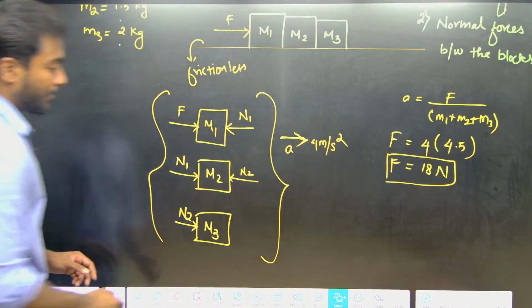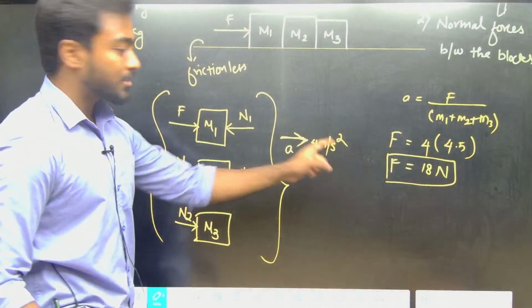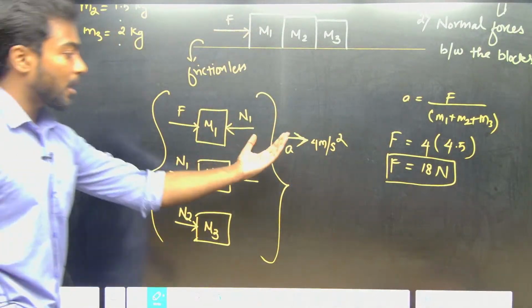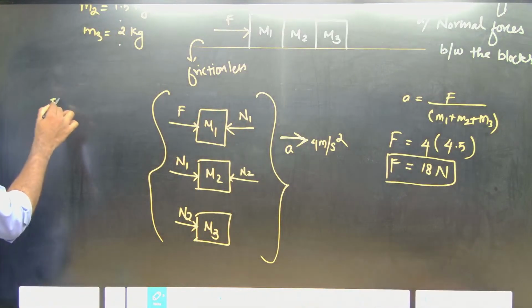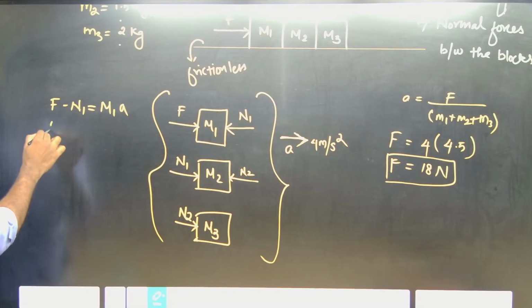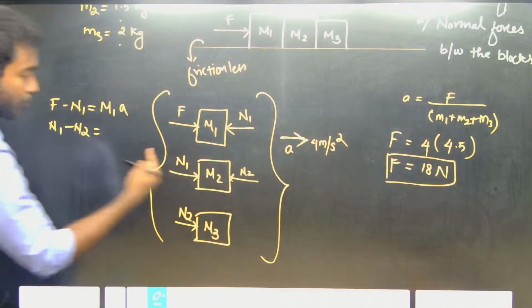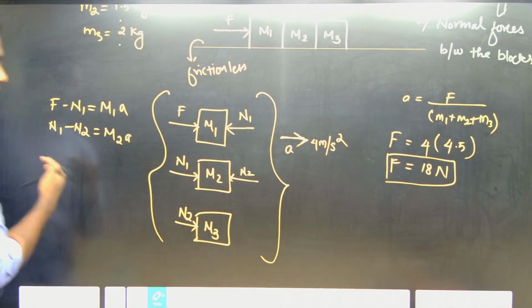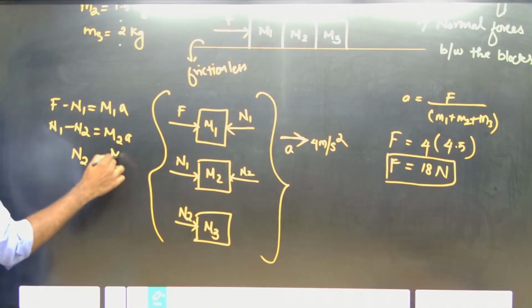Right now the acceleration is 4 meter per second square. If I want to write the equation, can I write it? In the direction of acceleration forces are positive, in the opposite direction of acceleration forces are negative. So F minus N1 equals M1A. Next, N1 minus N2 equals M2A. N2 equals M3A.